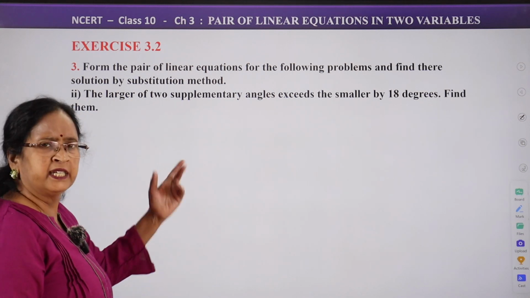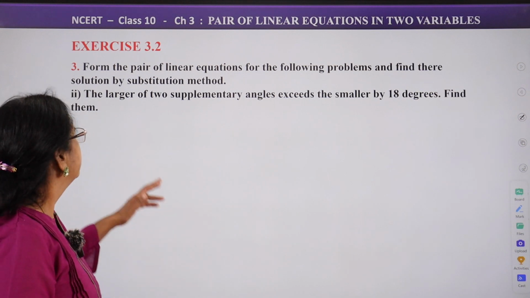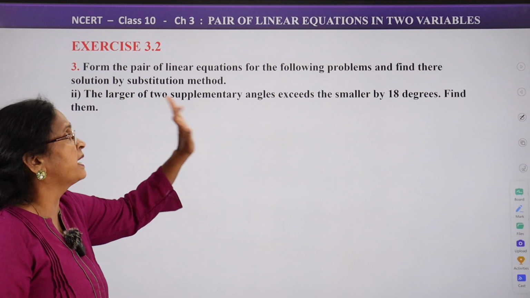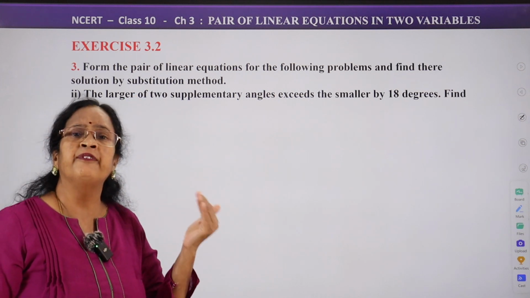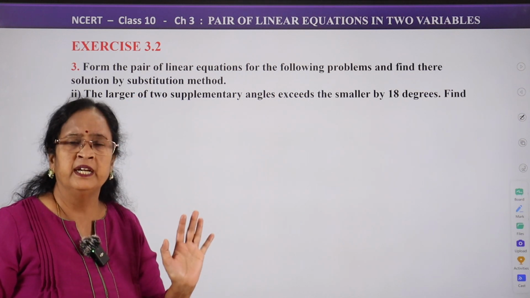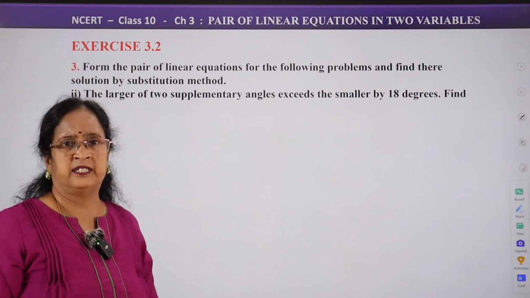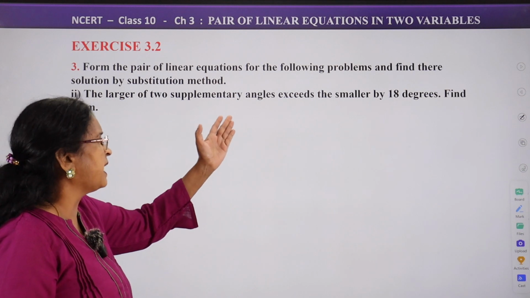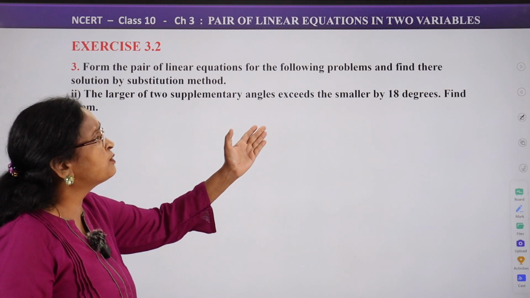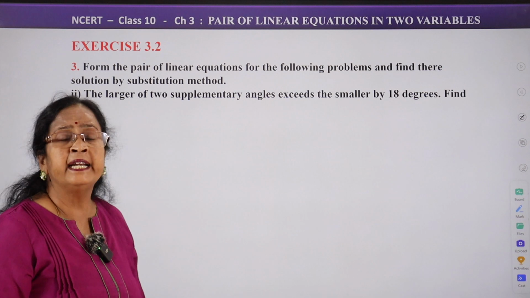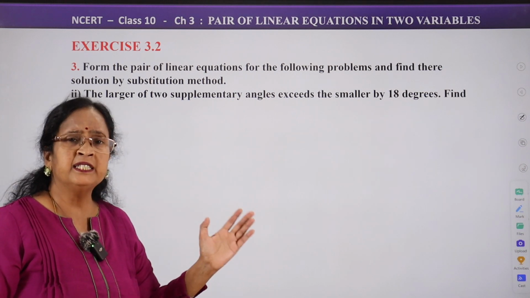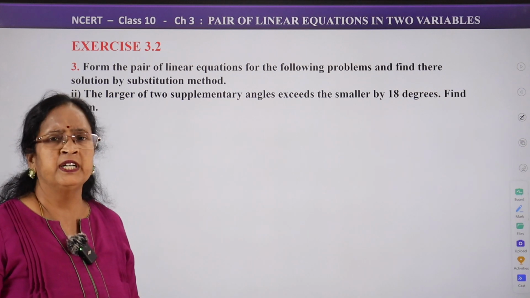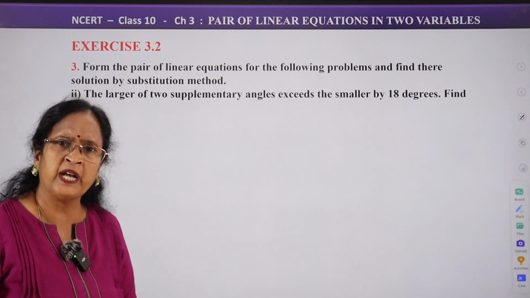Let us see what the statement says. The larger of the two supplementary angles exceeds the smaller by 18 degrees. Now, it's a little different. They are not numbers, they are angles. First come, first serve, always we do that.